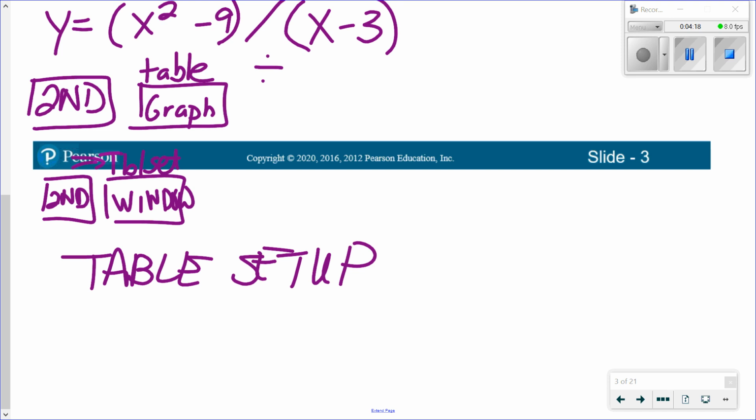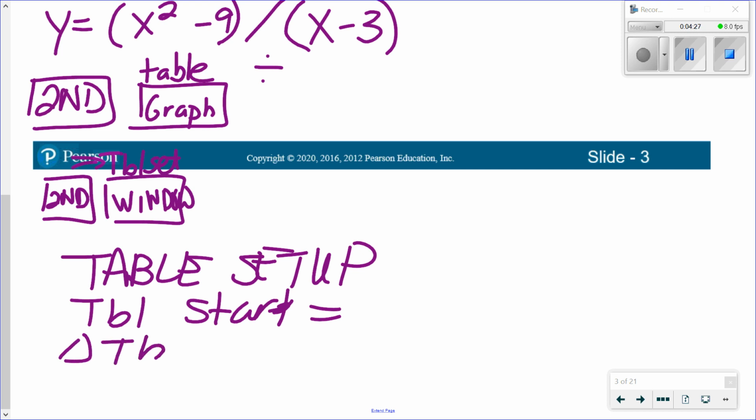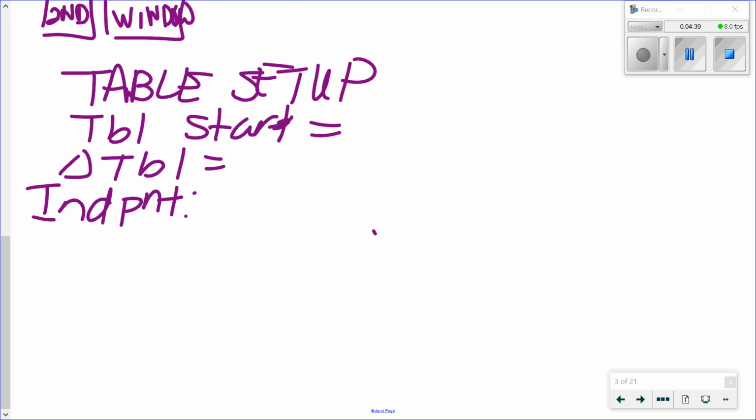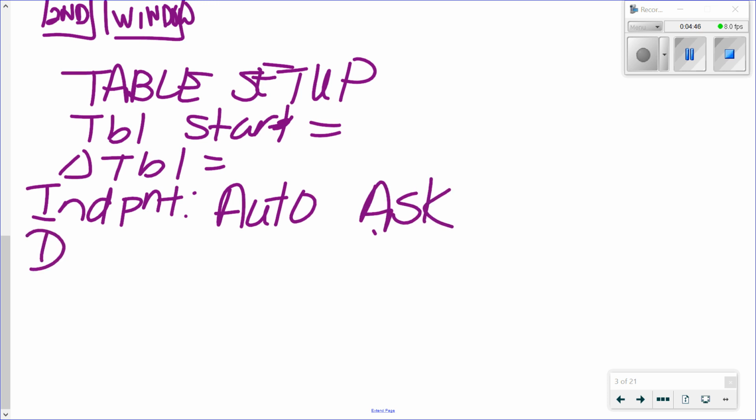Okay, it probably has a table start, change in table. We don't care too much about those. What we are looking at is independent, INDPNT. And there are two options on there, auto and ask, and dependent.